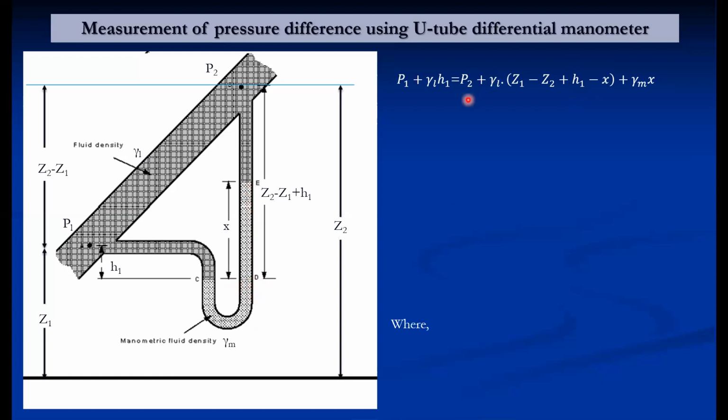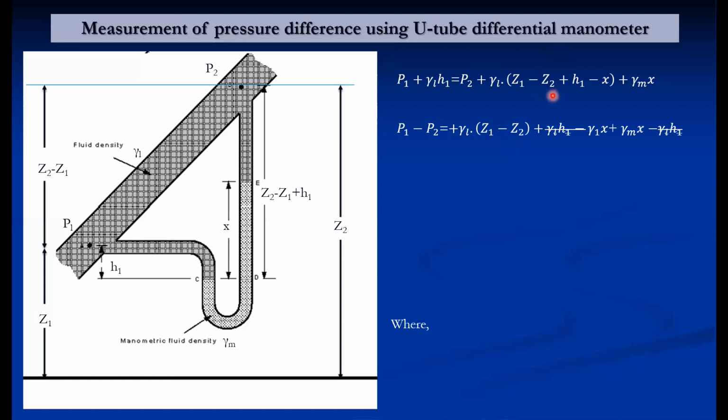So there are 3 pressure intensities acting on this particular column: the pressure intensity of the flowing fluid, plus the pressure intensity of this flowing fluid liquid column, plus the pressure intensity of the manometric liquid column. Now, if we simplify this, P1 minus P2 plus gamma L into bracket Z1 minus Z2.